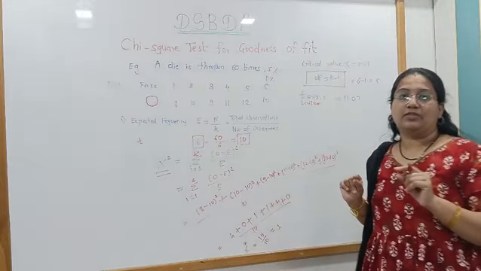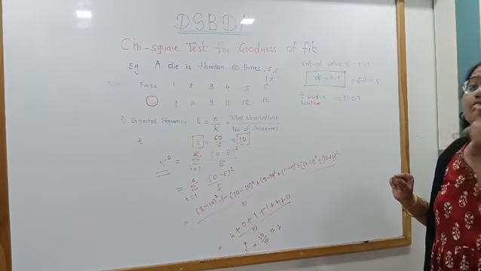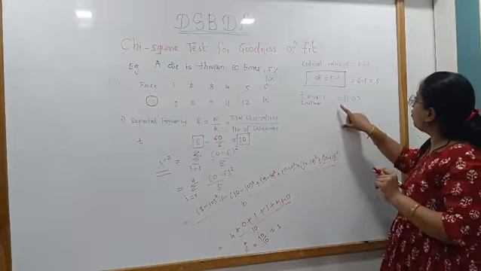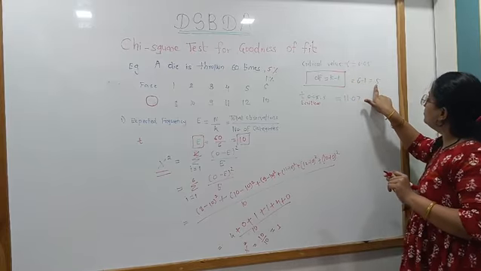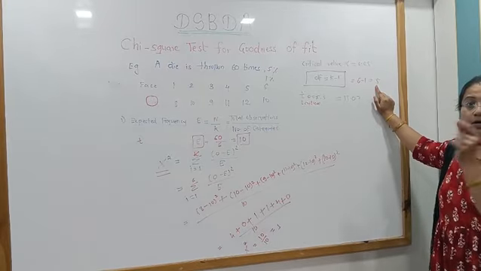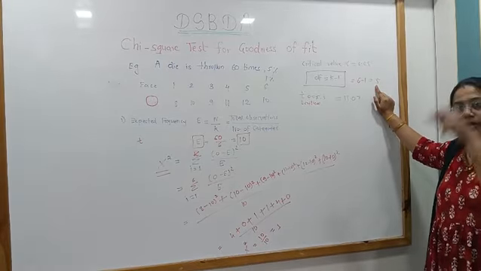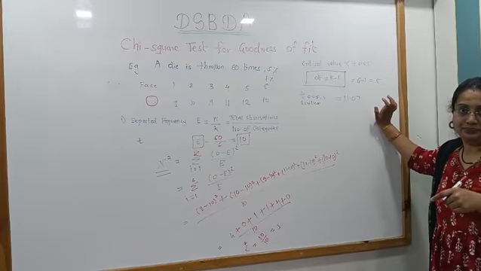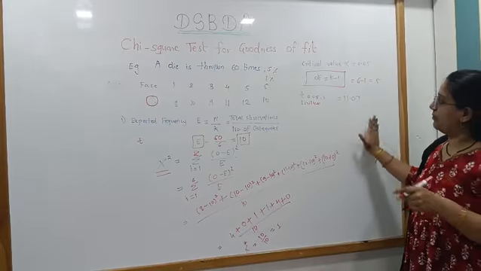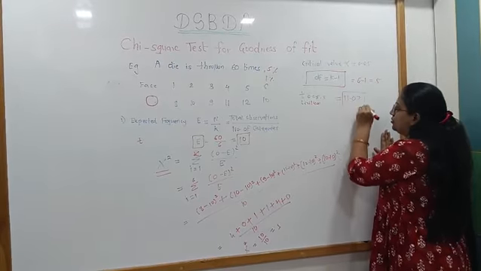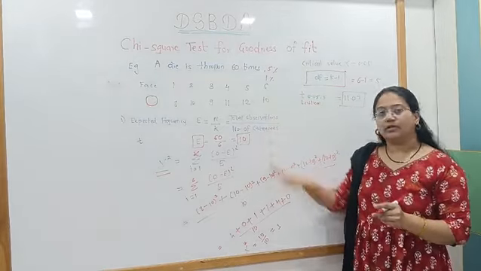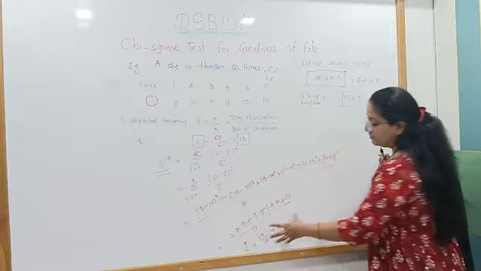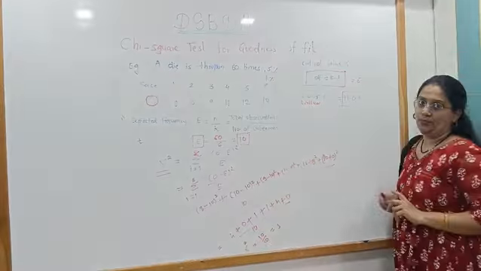That table is called the chi-square distribution table, where the rows represent the DF and the columns represent the alpha. So from this table the value is 11.07, and the other value is calculated using the test. I will compare this calculated value with the critical value.